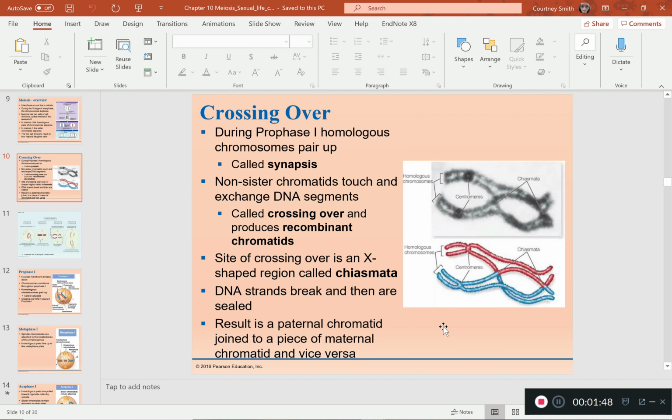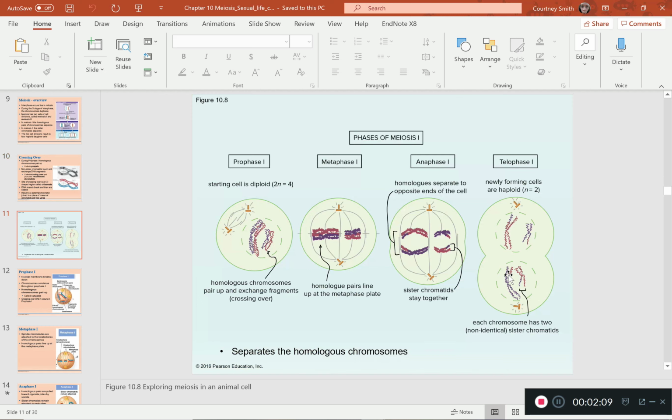Whenever homologous chromosome pairs, so this is a chromosome and here's another chromosome, these are homologous pairs. Whenever they line up and touch, they will exchange genetic information. That is how we get our genetic variability. It aids in that. That happens in prophase 1, whereas in mitosis that does not happen.